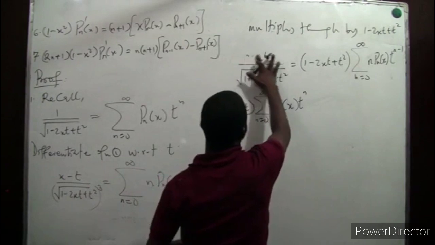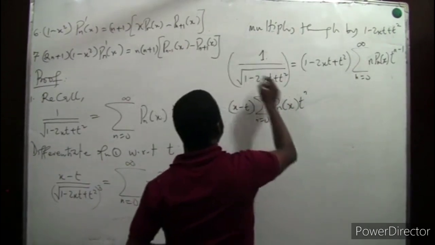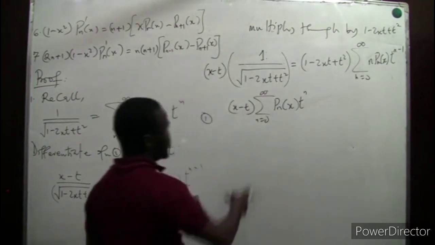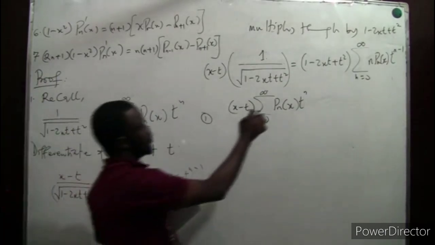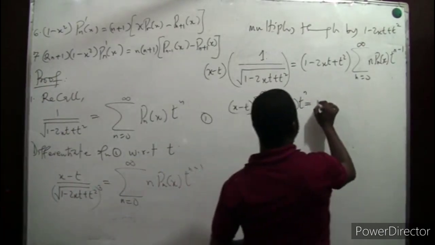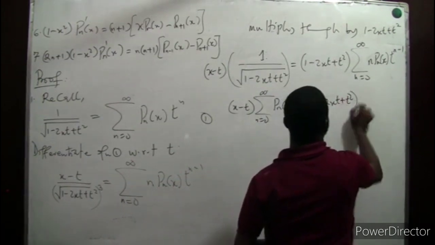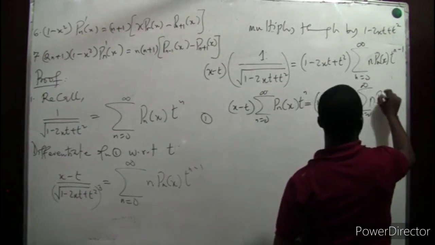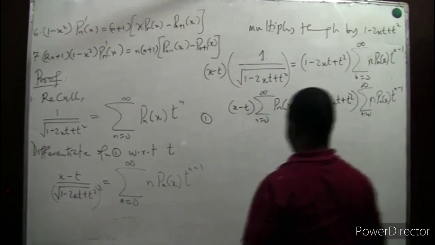Because if I remove this and put this as 1 and I allow this to be x minus t from here, then I generate what we have here, because this is the definition of the recurrence relation, equals 1 minus 2xt plus t squared times summation n from 0 to infinity n Pn of x t raised to power n minus 1.